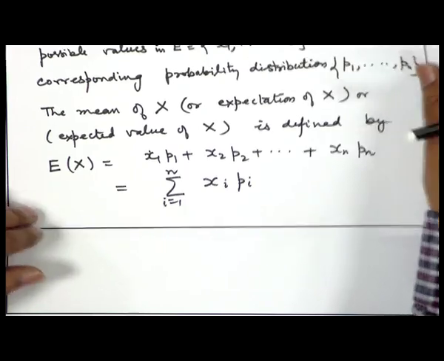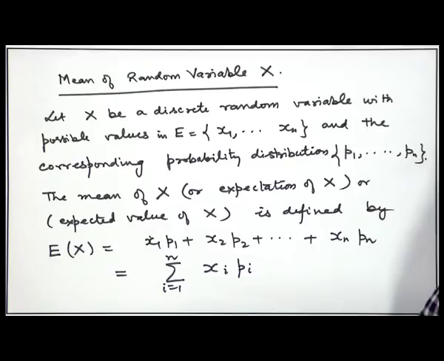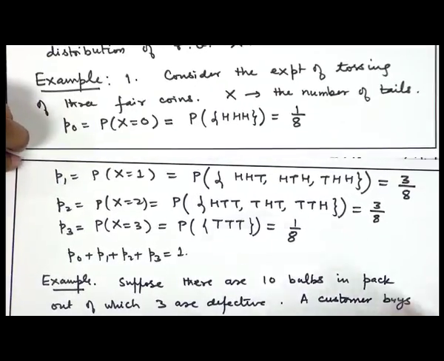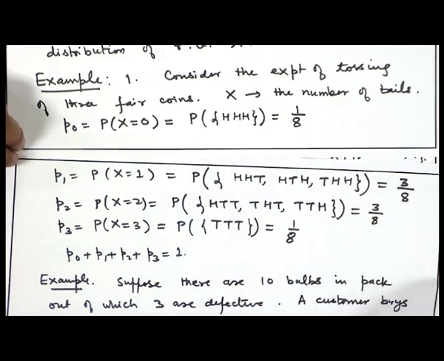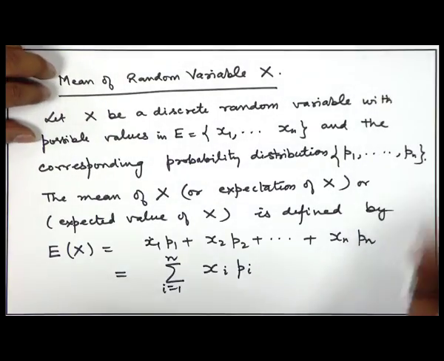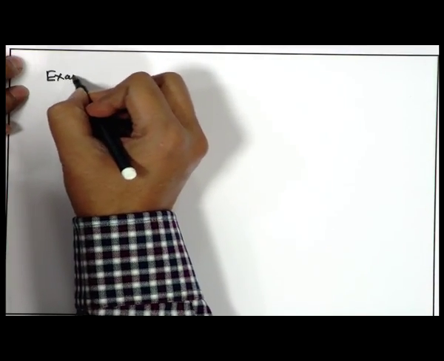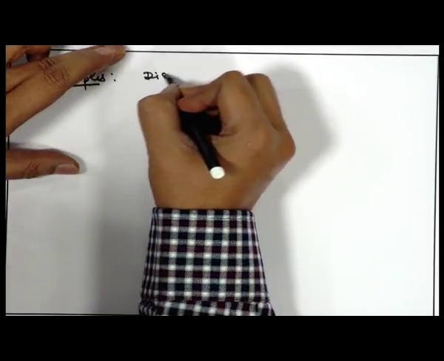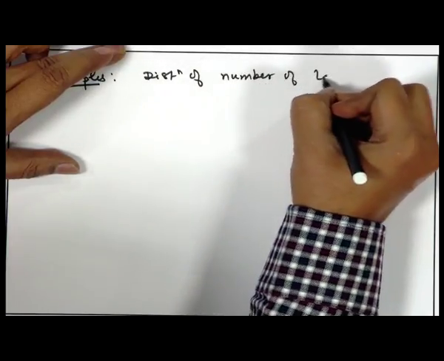So, let us look at the distributions that we have done. So, we had this distribution of the number of tails in the 3 tosses of a coin. Let us look at what is the mean here. Distribution of number of tails.